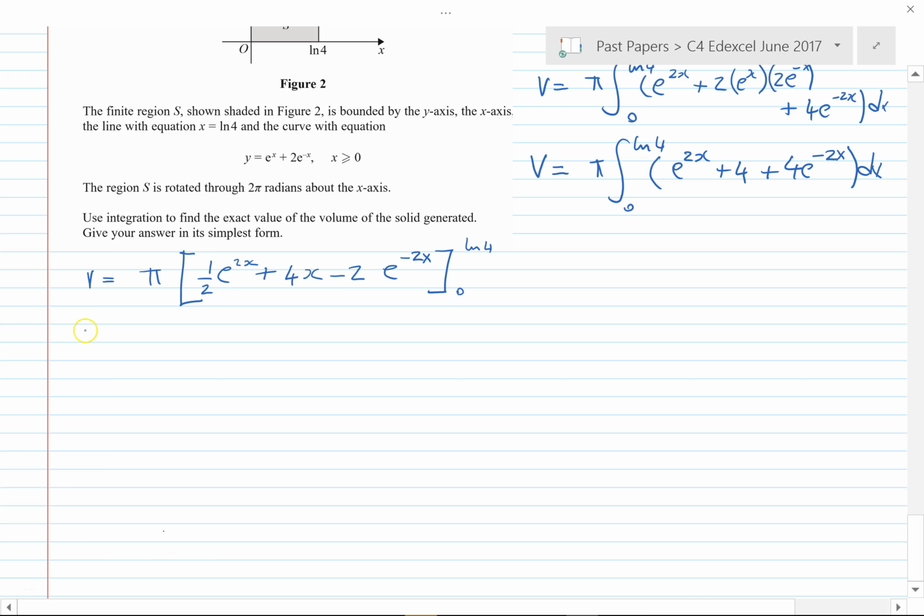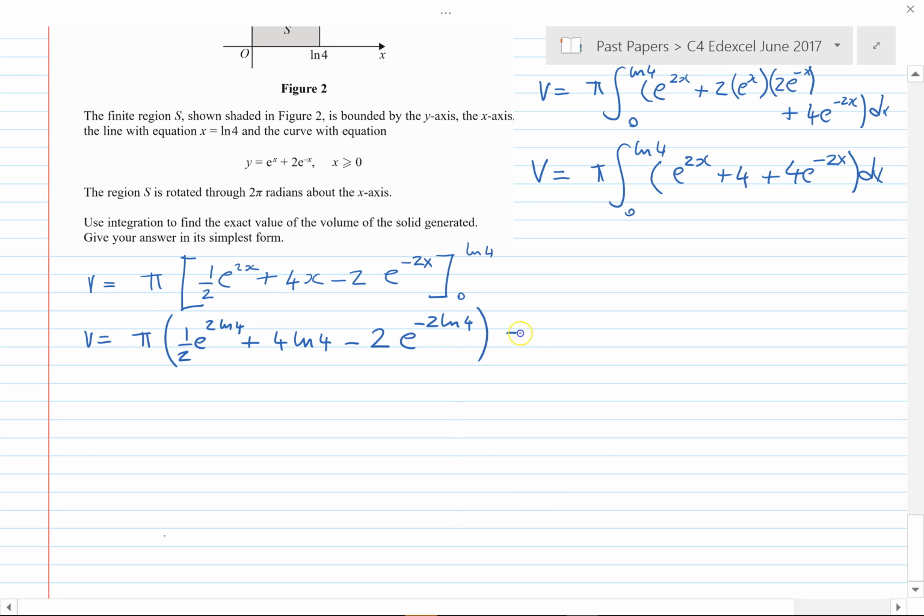So I'm going to take this reasonably slowly, put in the limits. Pi, half e to the 2 ln 4 plus 4 into the x, that's 4 ln 4, minus 2 e to the minus 2 ln 4.